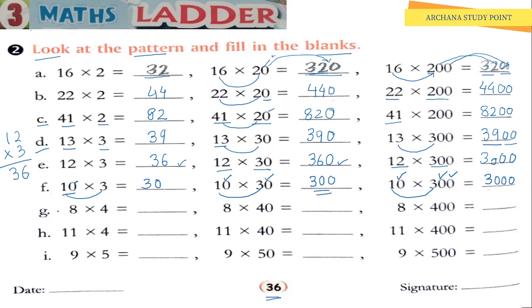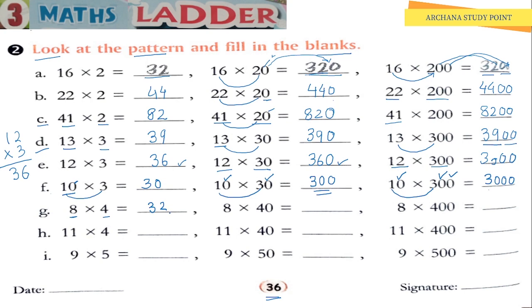Question G. I have to multiply 8 with 4. Do you remember what 8 is? 8 is our multiplicand. And 4 is what? 4 is our multiplier. Let's read the table of 8 till we reach 4. 8 ones are 8, 8 twos are 16, 8 threes are 24, 8 fours are 32.